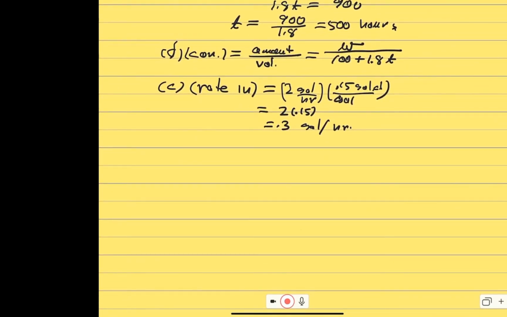D, let's see, D I've already done, yeah, I'm not doing these in order. So E is the rate out. Well, that's the flow rate again. So the flow rate is 0.2 gallons per hour.